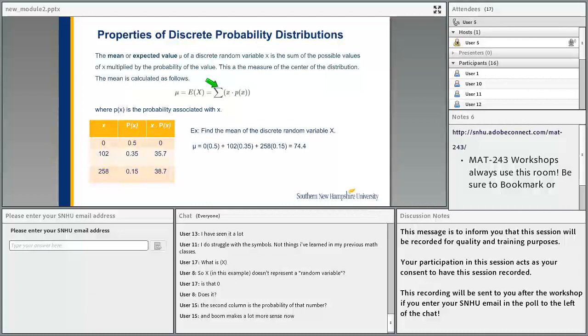Any other questions? So what is x? Was this the x that you asked me? That's the value of the random variable.